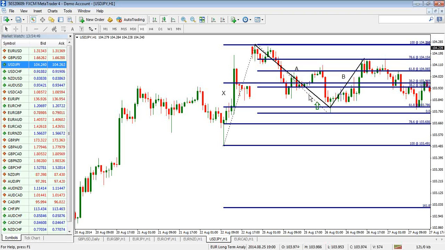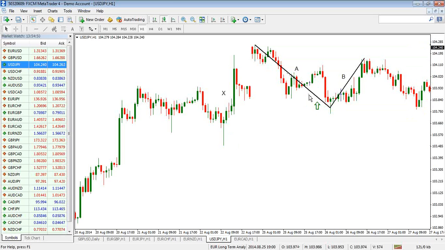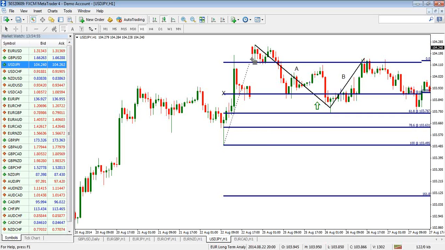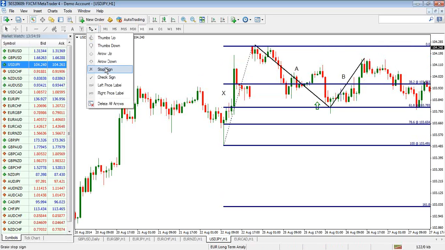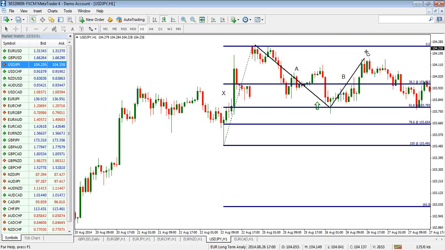So that means that at this point we have a valid Gartley pattern, if you will. Oops, I erased both my Fibonacci lines. So that checks out right there. The B does end right here, between 38.2 and 88.6% of A.